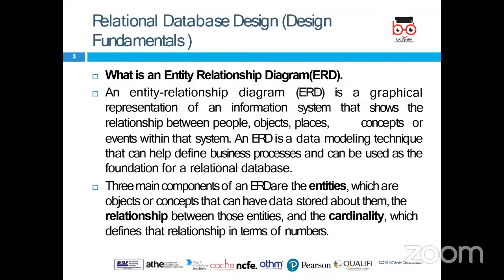As we introduced in the last tutorial, we introduced what entities and attributes are and how they are related to each other. The best way to graphically represent our database management is by using ERDs.